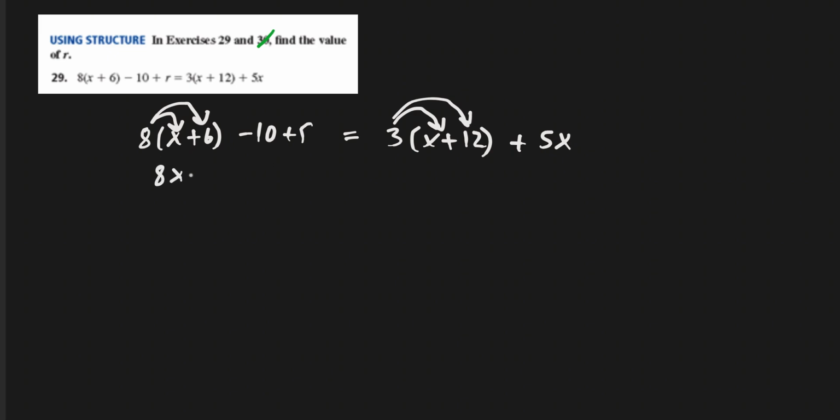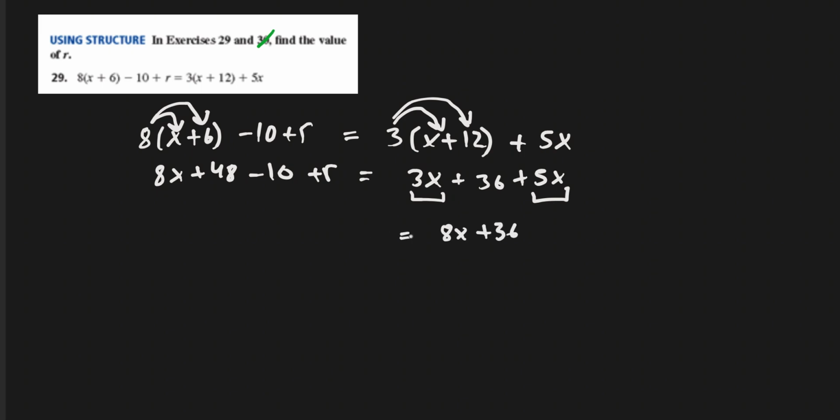This will be 8x plus 48 minus (10 plus r) is equal to 3x plus 36 plus 5x. So what do we do here? Then we combine like terms. So 3x plus 5x is 8x plus 36. And then here we can combine like terms. We have these two, so 8x plus 38 minus r.